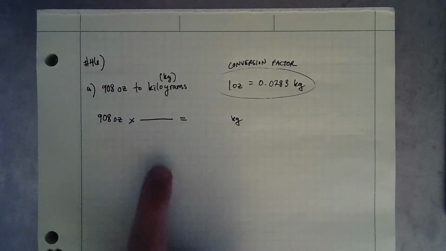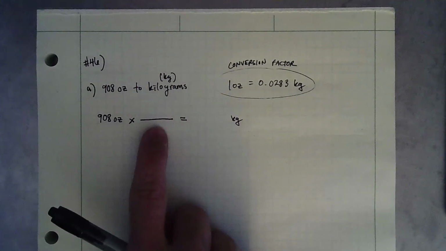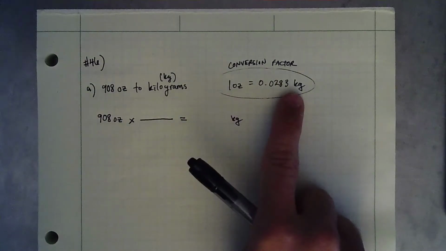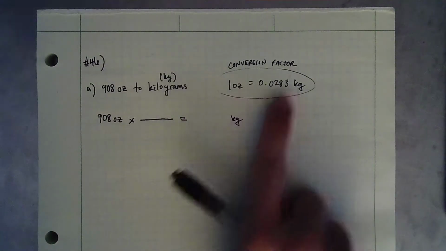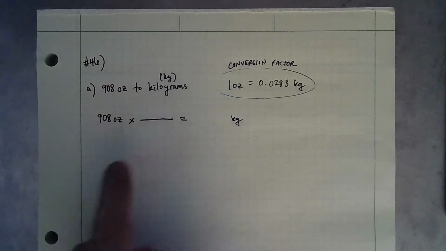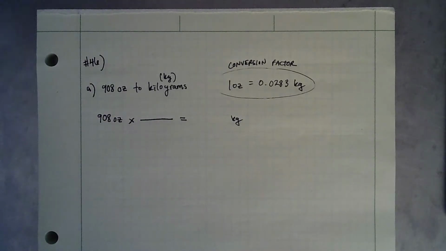The next step is to figure out what exactly goes here. We know it's going to be this conversion factor, but this is written like an equation, and this is like a fraction. So we're going to analyze the dimensions. Dimensions and units mean the same thing.